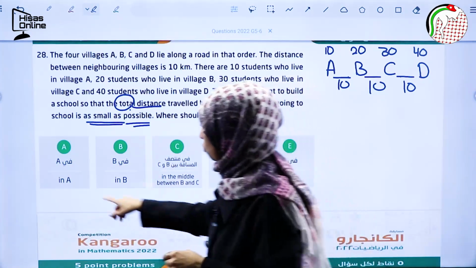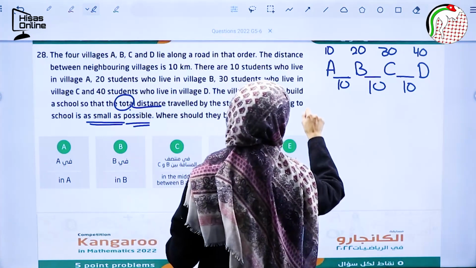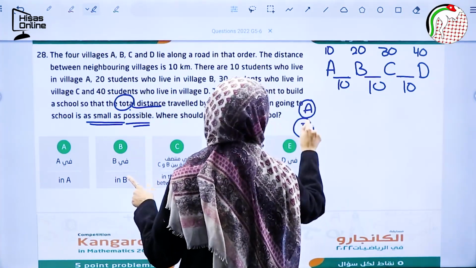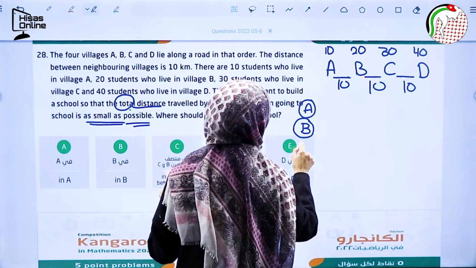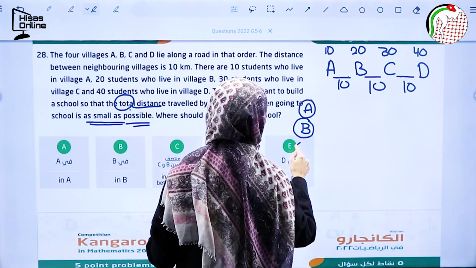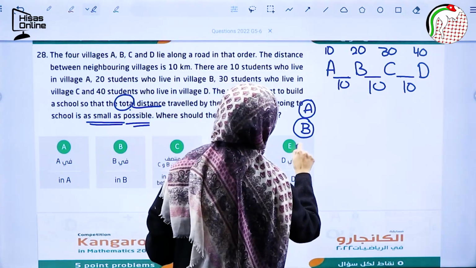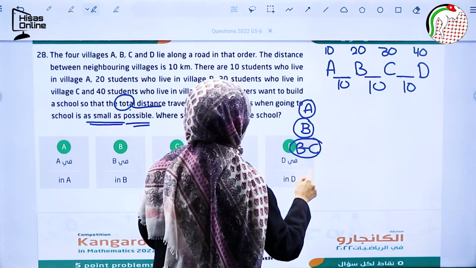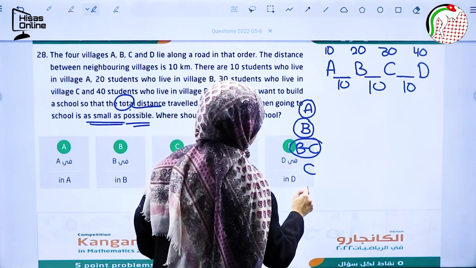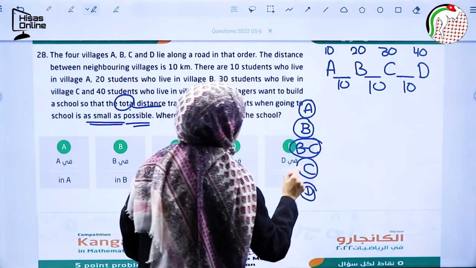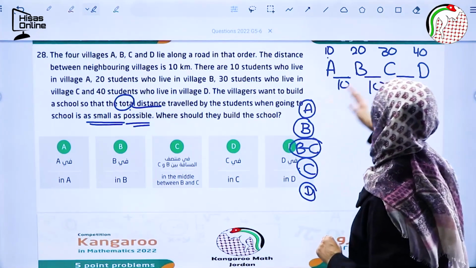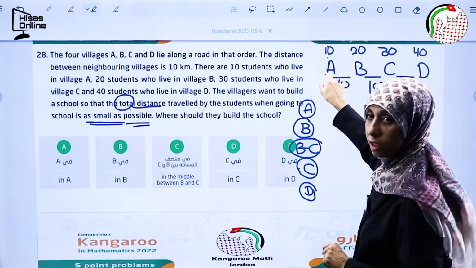Now let's move to A. We'll write A here. If the school is in A, if it's in B, here between B and C, and in C and in D. What we have to do, if it's in A here, all the students will be coming here.